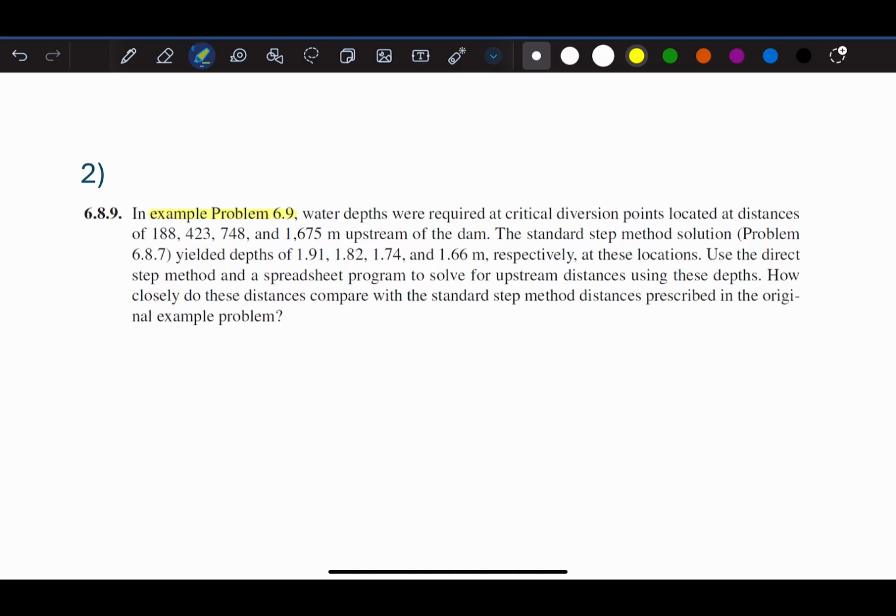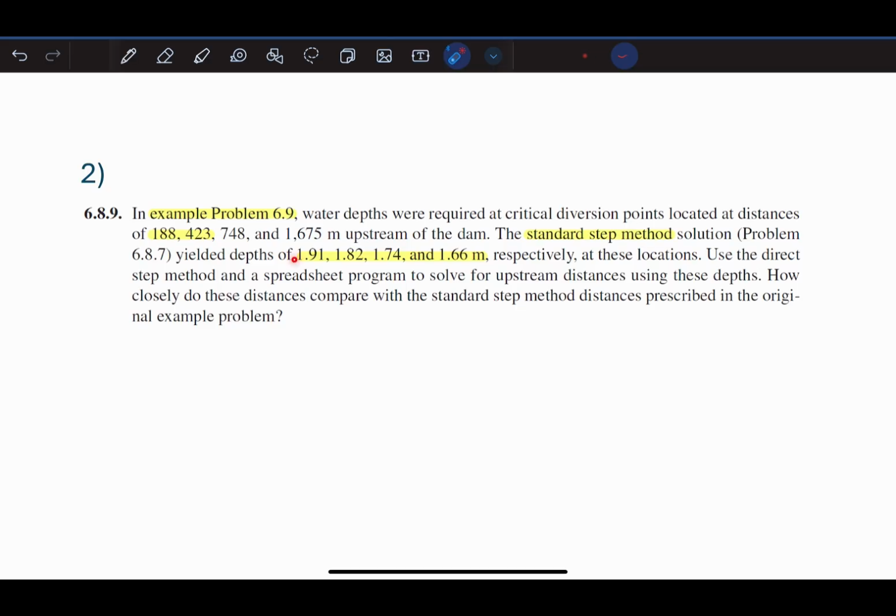Second question, this time we are still using example problem 6.9. And in this question, water depths were found for 188 and 423. Also in this recitation session, in the first question, we used the standard step method solution, and we yielded these 4 depths for these 4 different upstream distances of the dam.